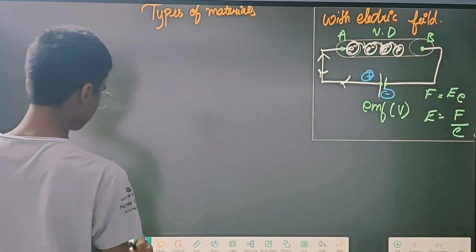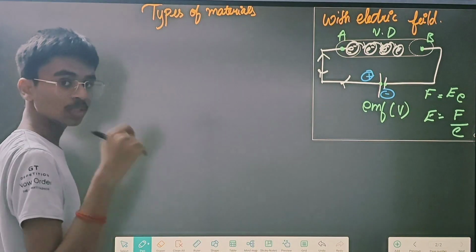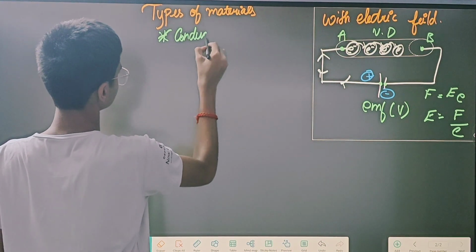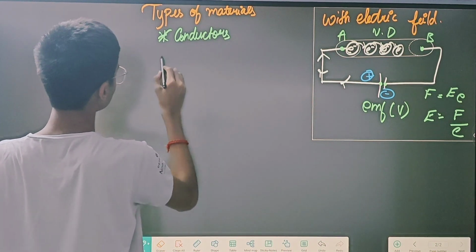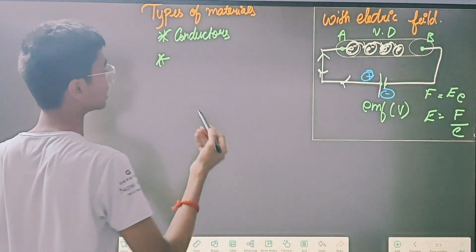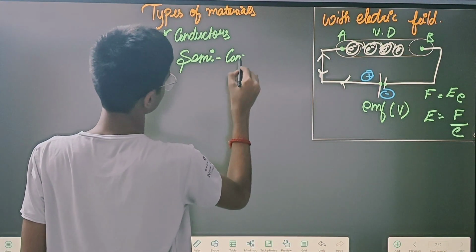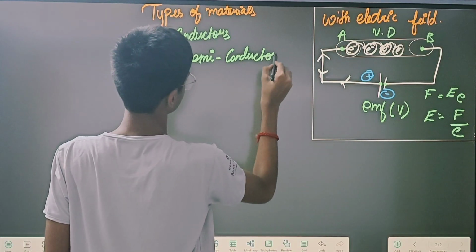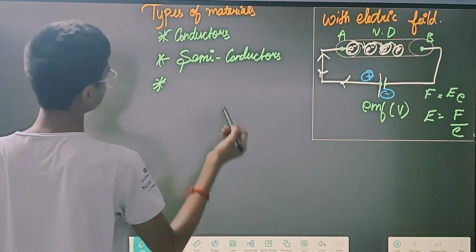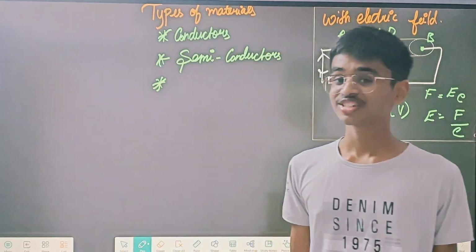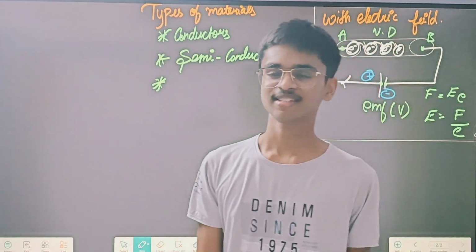Totally there are going to be three different types of materials. First one is conductors. Second one is semiconductors. And last but not the least, Rajini's dialogue, insulators.